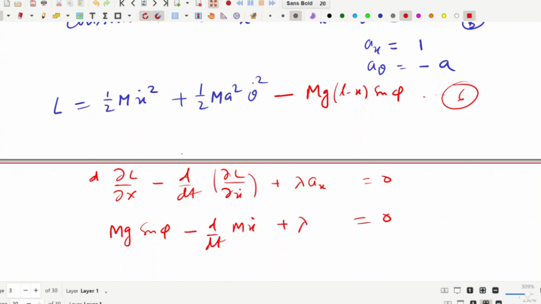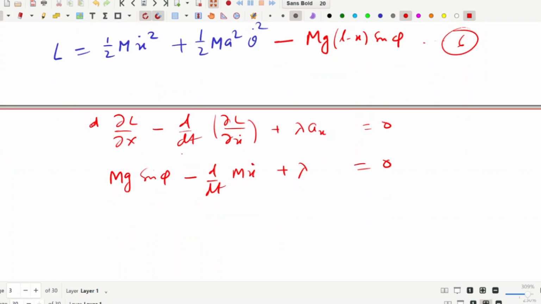So, this equation is mg sine phi minus m x double dot plus lambda equal to 0.